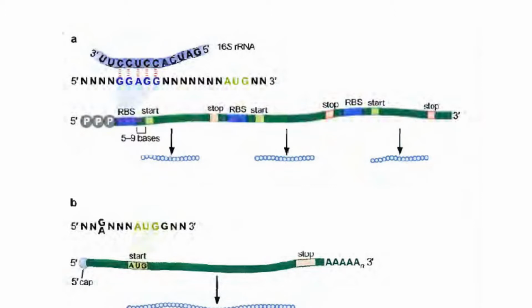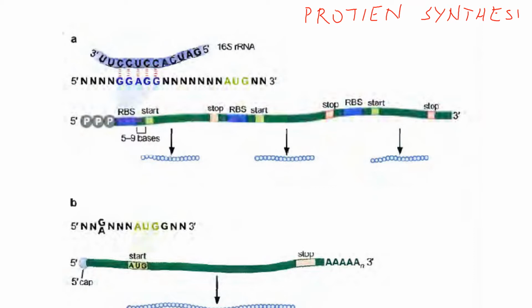All the three types of RNAs are basically involved in one process that is called protein synthesis, or it is also called translation, right?